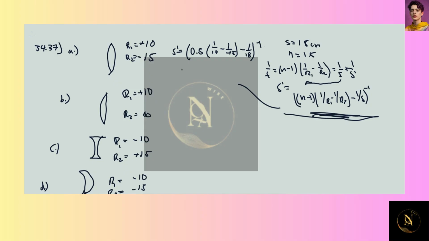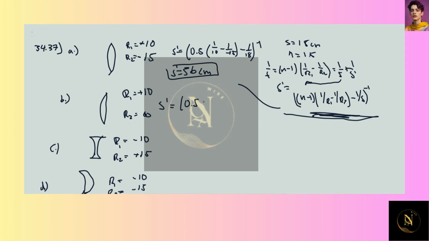If we plug that in our calculator, it comes out quite nicely, and we're left with 36 centimeters. Perfect. This is a positive image distance, so that's going to be 36 centimeters to the right of the lens.